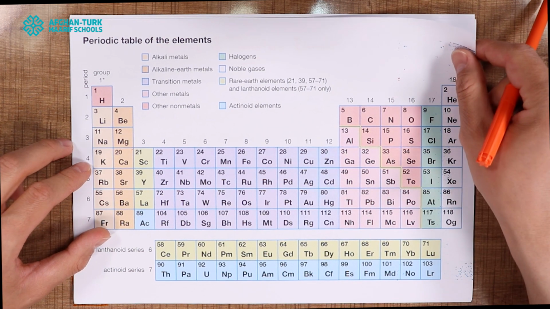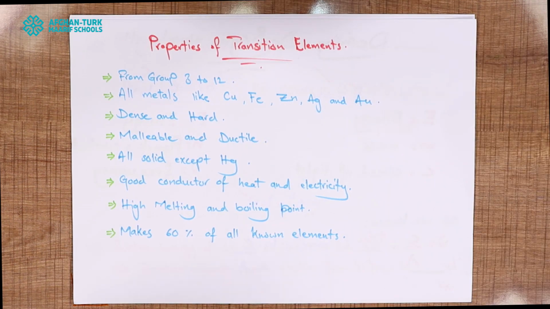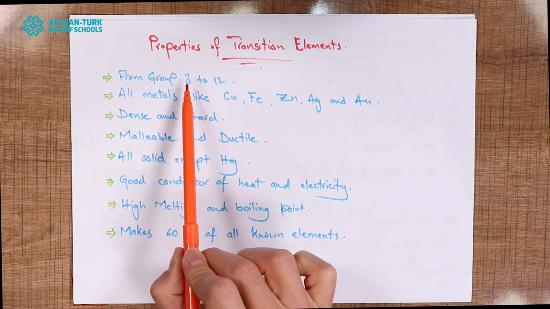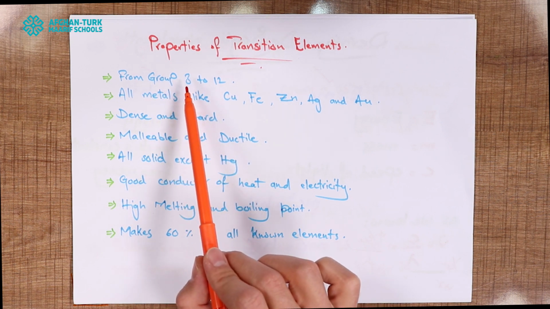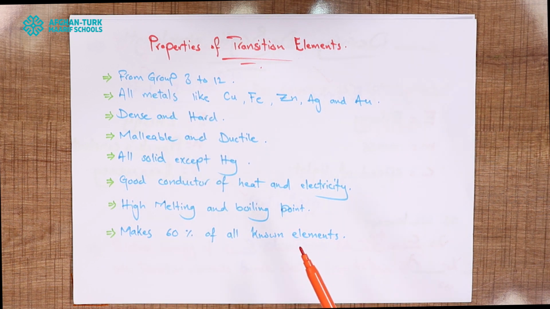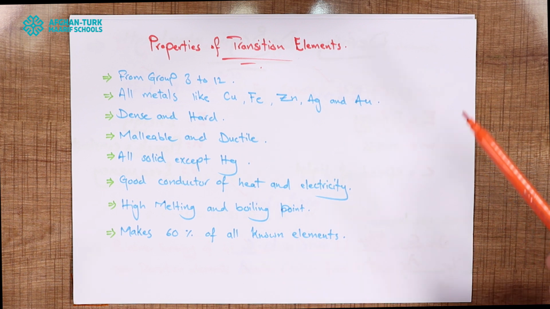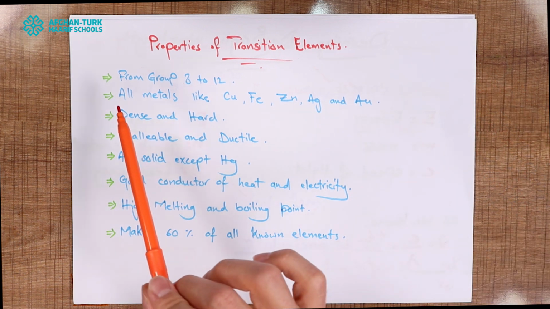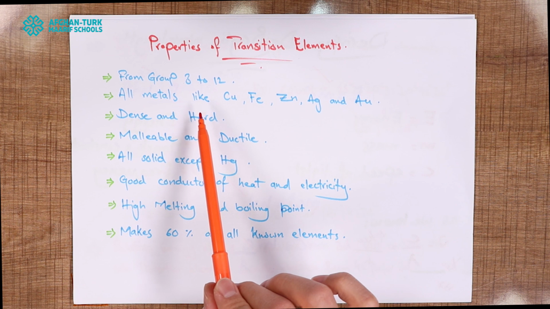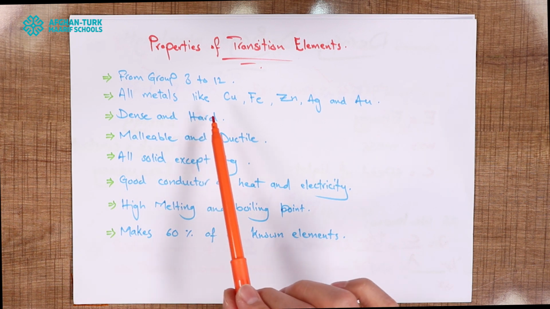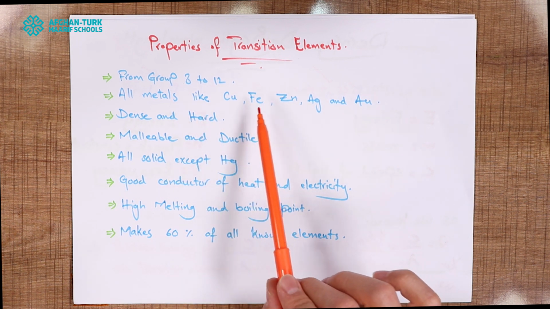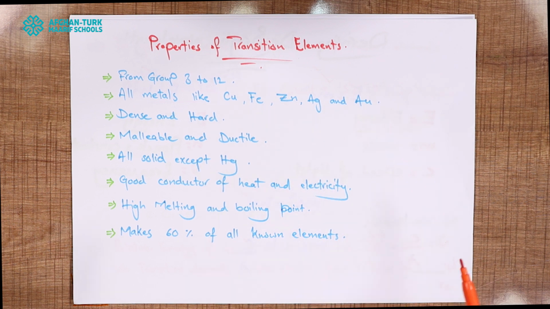Okay, students, let's study the properties of transition elements. As I've told you, the transition elements are located from group 3 to 12 in the periodic table. Next, they are all metals, like copper, iron, zinc, silver and gold.